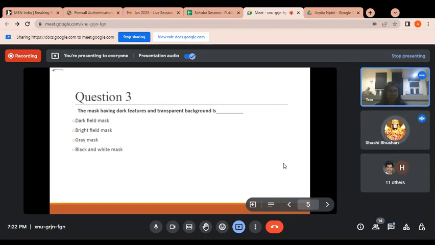Okay. And from the transparent portion, the light can go through. So, what type of mask is it? Bright field or the second one? Okay, bright field mask. Yes. Okay. Anyone else? Ma'am, it's a bright field mask because in the center part it is dark, so it is dark features, and the covering is transparent, so both will cover, no, ma'am. Okay, good. Anyone else?